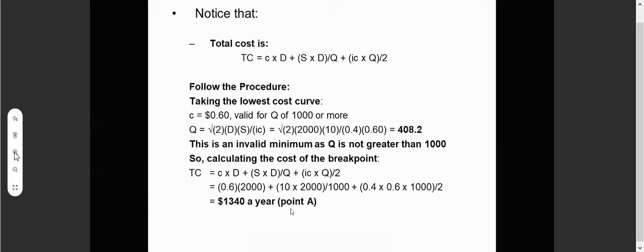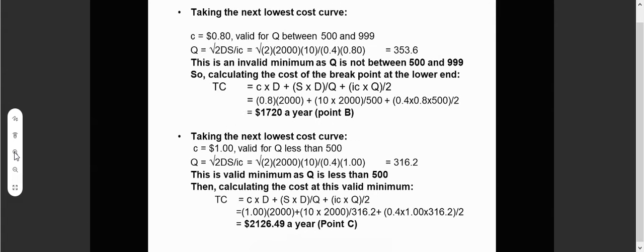1340. Baik. Langkah seterusnya. Kita akan ulang proses ini sehinggalah kita jumpa quantity order yang valid. We have to repeat this process until we get the valid minimum of Q. So the next lowest cost curve is at unit cost of 80 cent.